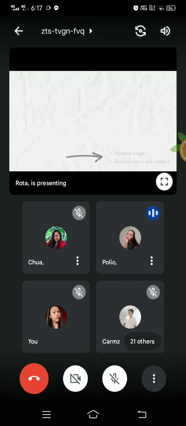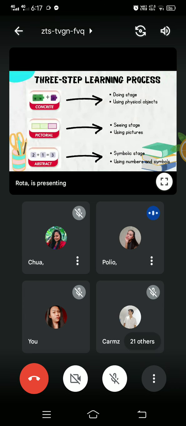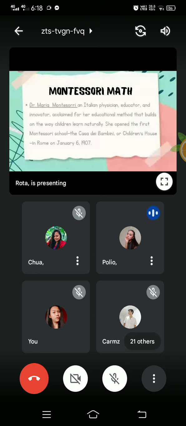The three-step learning process helps children learn new ideas and build on their existing knowledge by introducing abstract concepts in a more familiar and tangible way. Next slide, please.